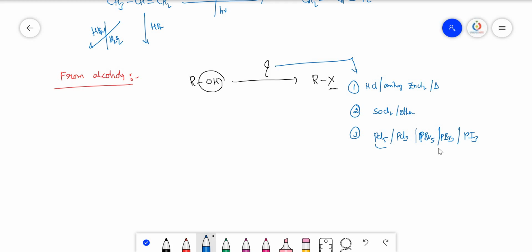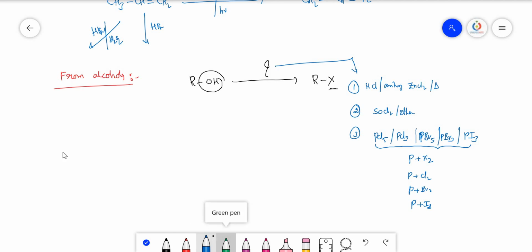So basically all these combinations are phosphorus with halogen, that you must remember. Phosphorus with chlorine means these two combinations, phosphorus with bromine means these two combinations, phosphorus with iodine means this combination. So these are the reagents that help us convert the alcohol to the alkyl halide.